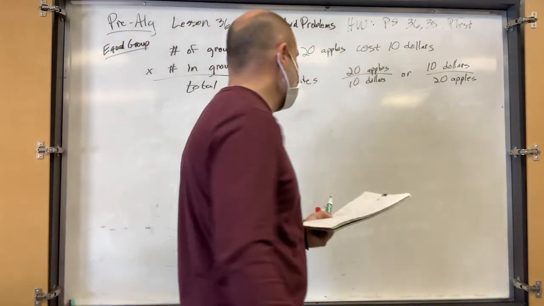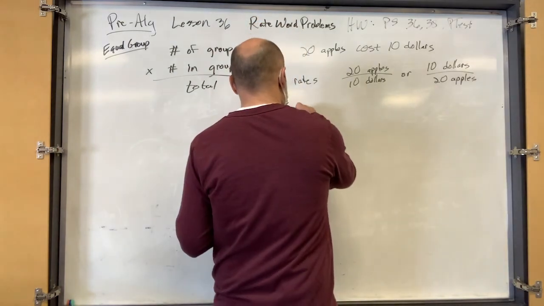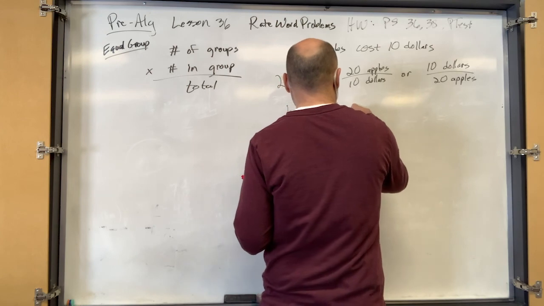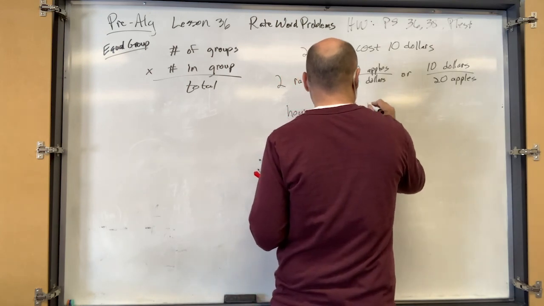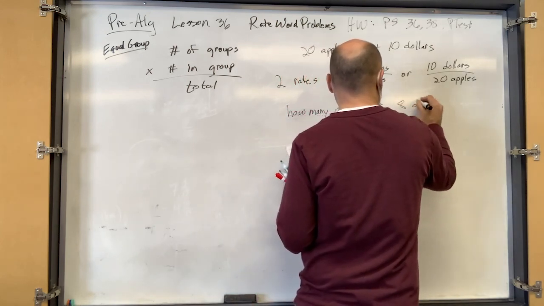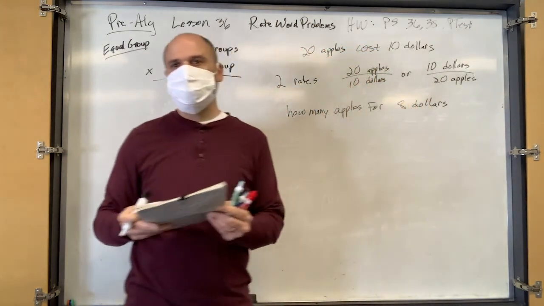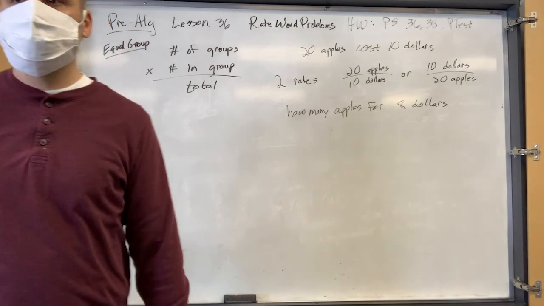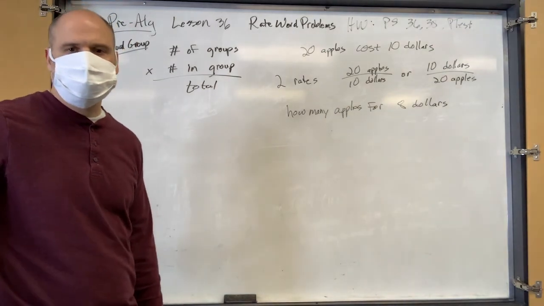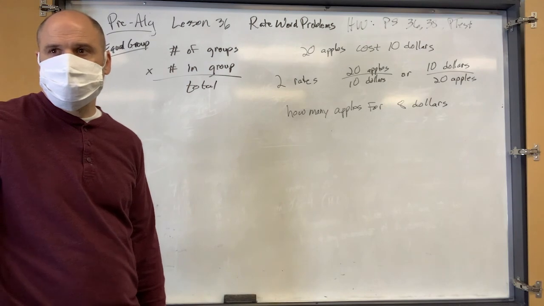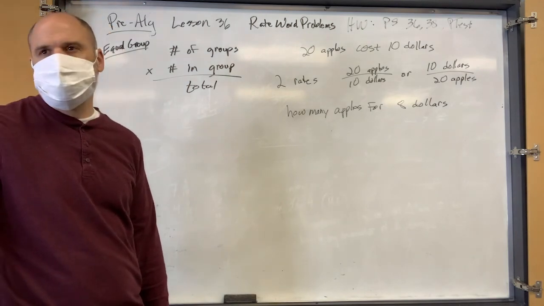Okay? So if I say, how many apples for $8? How many apples can you buy for $8? That would be 16.